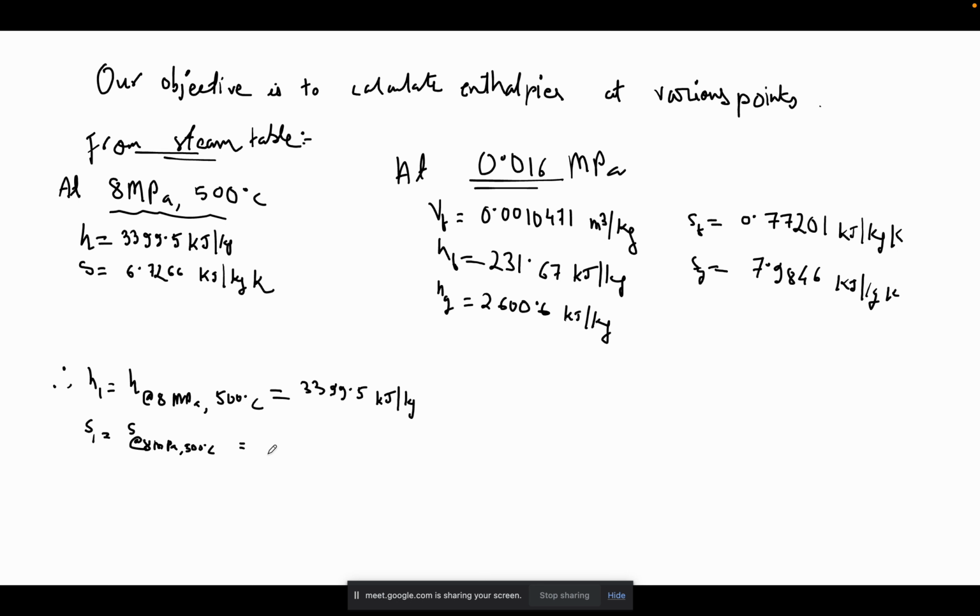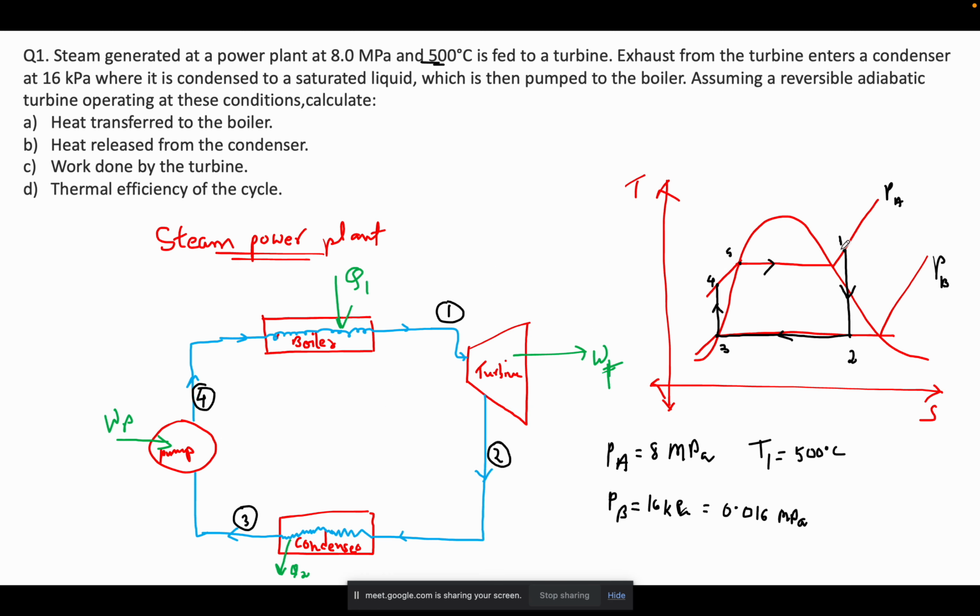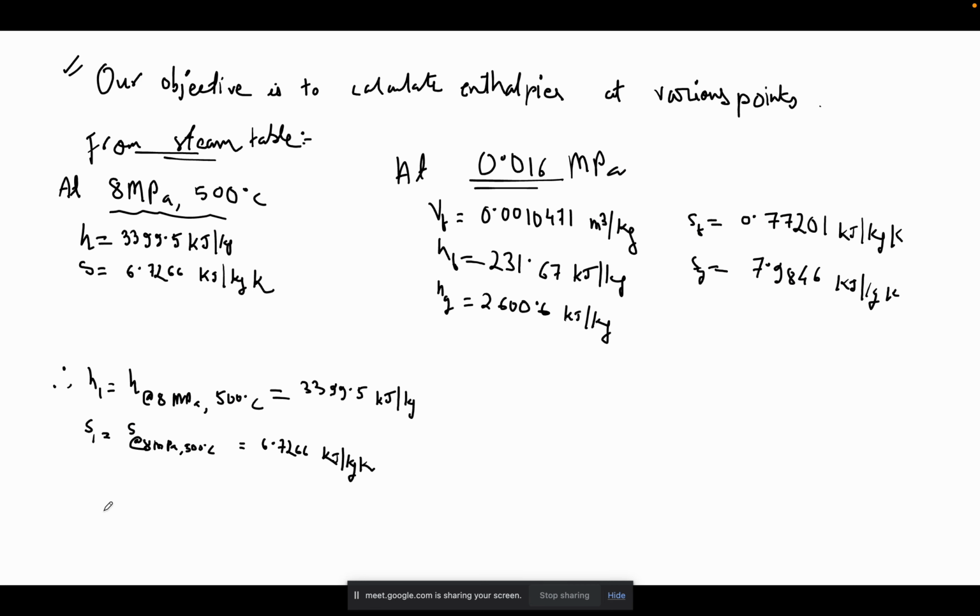Which is nothing but 6.7266 kilojoule per kg Kelvin. Now why have I done this S? Although I told that our objective is to calculate the enthalpies at the various points, it is because from state 1 to state 2 it is isentropic. 1 to 2 is an isentropic process.